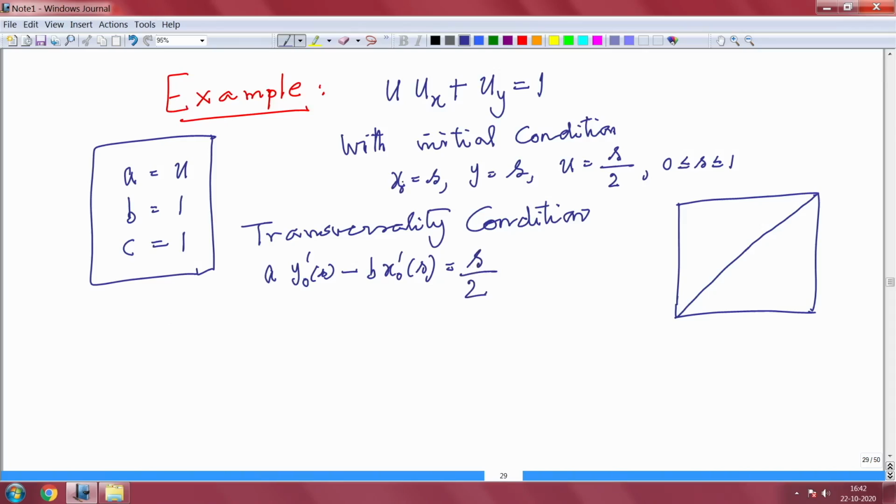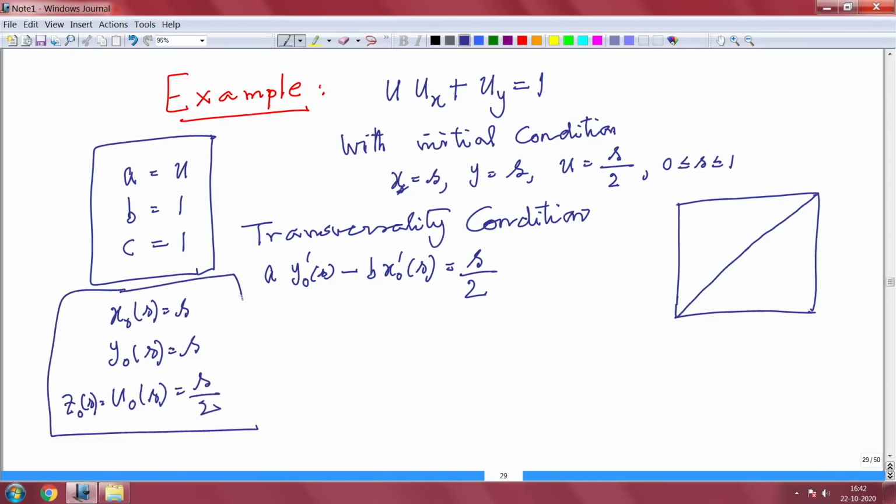What is this? A is u, and along the curve it is s by 2. Let me write that also. Your x naught of s equal to s, y naught of s is equal to s, and your u naught of s, which you can also use as z naught of s if you want, equal to s by 2. So, this is your initial condition.